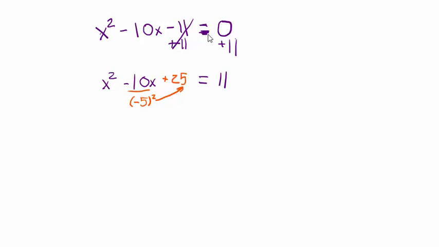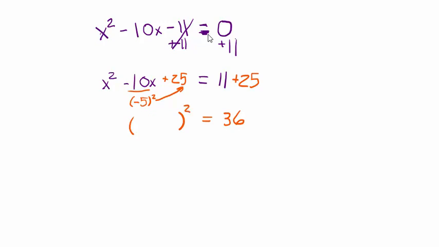Now again, whatever I do to one side, I have to do to the other, so I'm going to add 25 here. And so I get 36 on the right side. Now I could rewrite this, but when I completed the square, I made this a really nice polynomial.